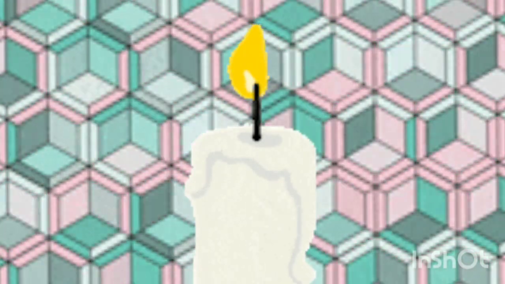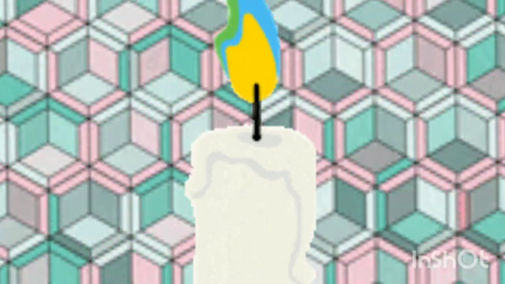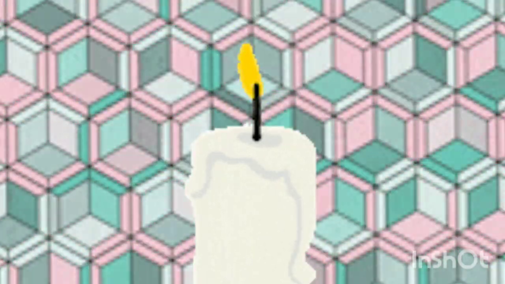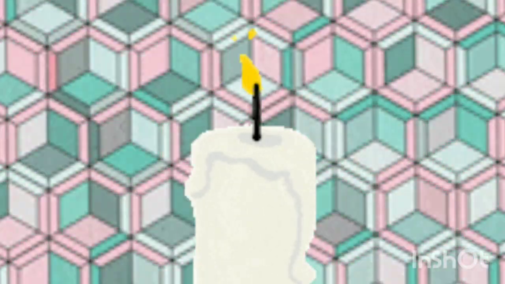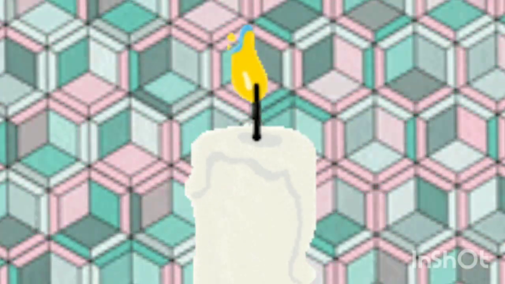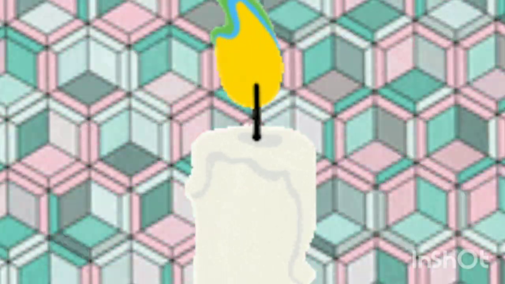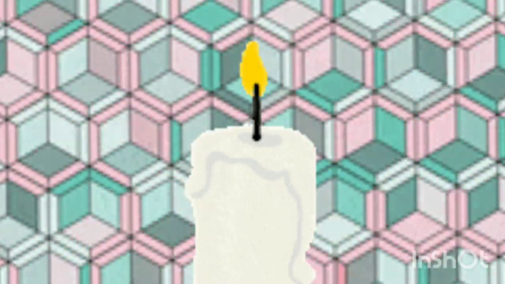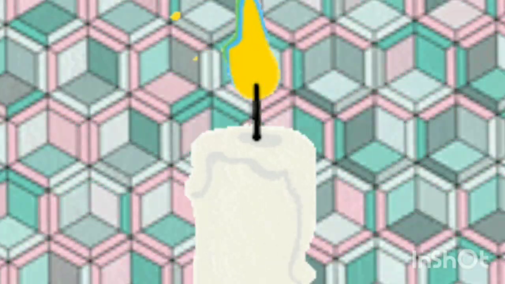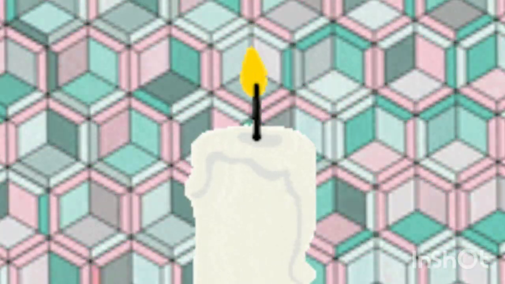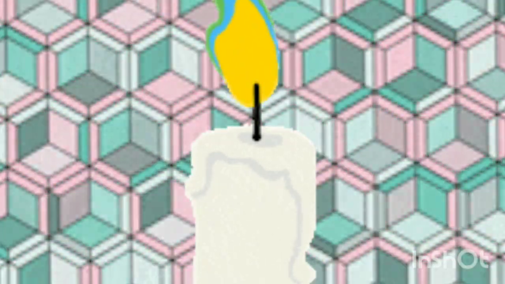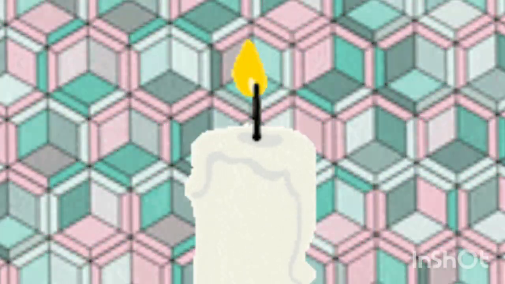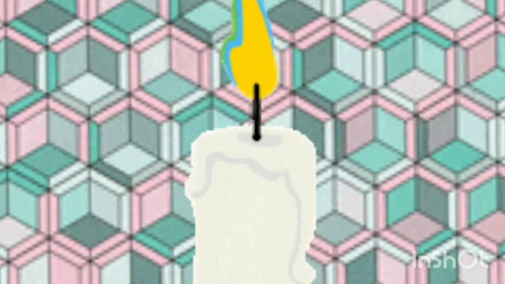Yellow flame emits a lot of light, blue flame emits very little light, and yellow flame is observed when there is an insufficient supply of oxygen. We can say it is an incomplete combustion. But a blue flame region is a region where an adequate amount of oxygen is available and it is a complete combustion. Now let us see about the zones of a candle flame.